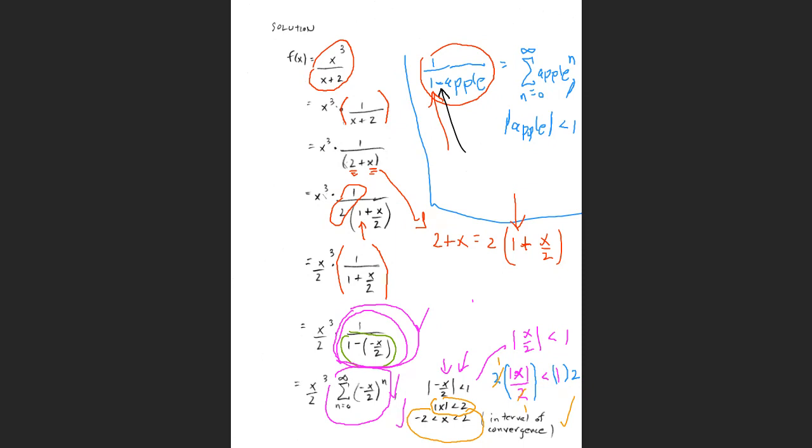Since the interval of convergence has length 4, the radius of convergence, r, would be equal to 2. In your homework for section 8.6, they're always asking about the radius of convergence. Are there any questions about this so far? Are we okay so far?